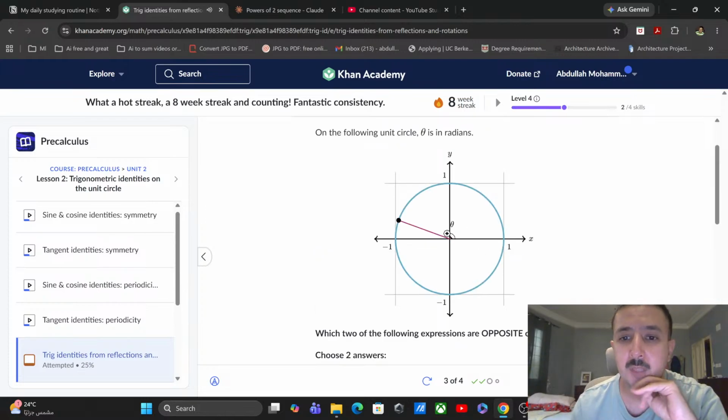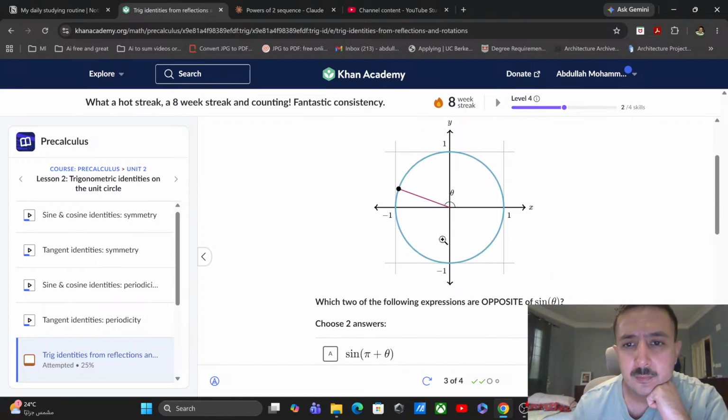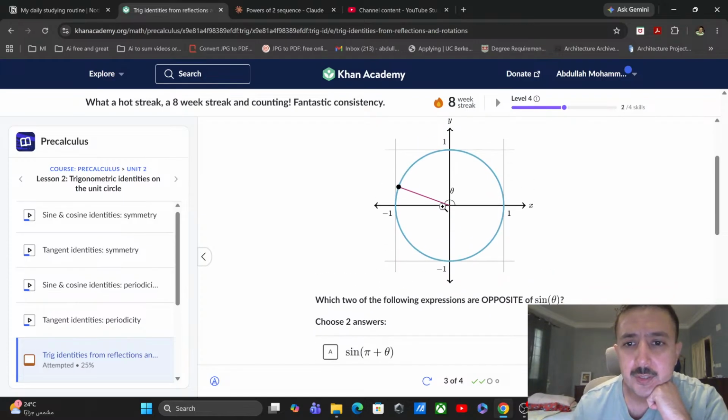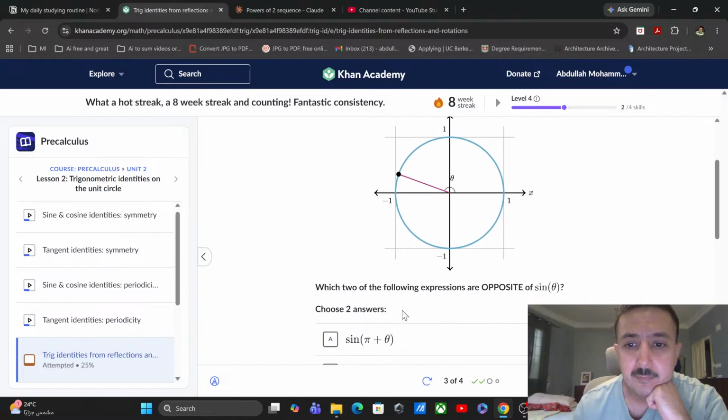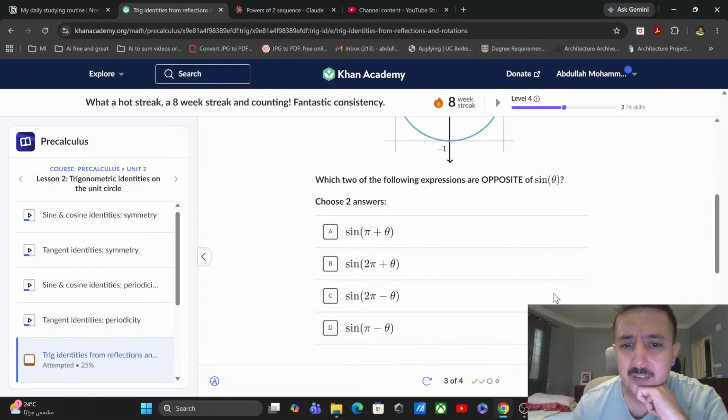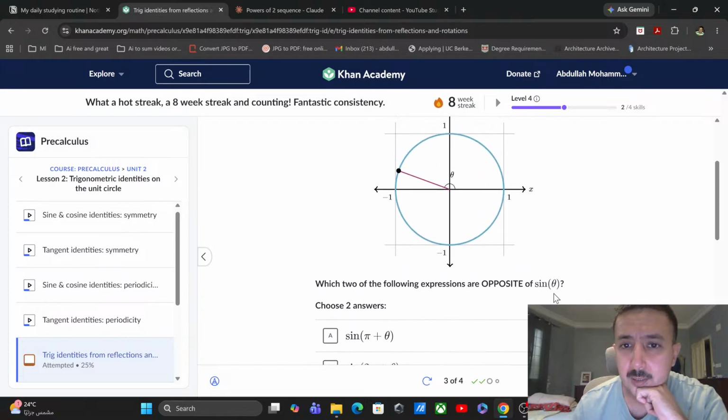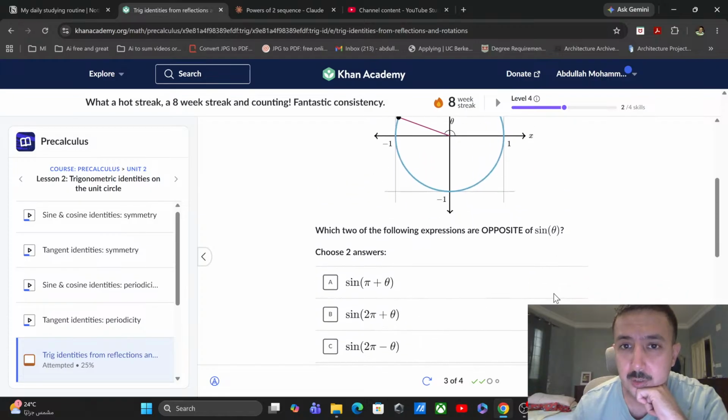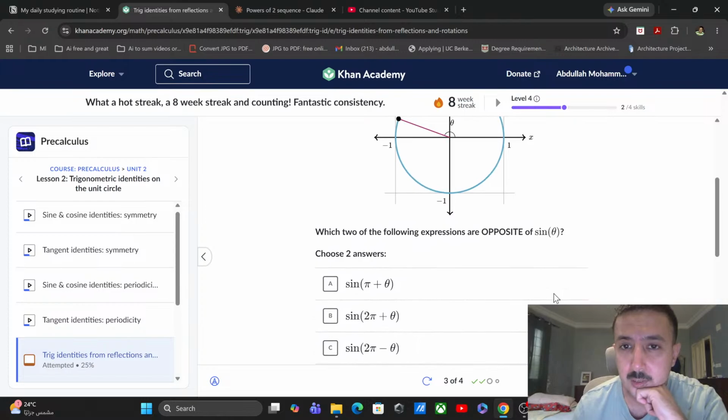Okay, this is the theta. Sine. Which two of the following expressions are opposite of sine? Do I have a minus? Okay. So sine theta.